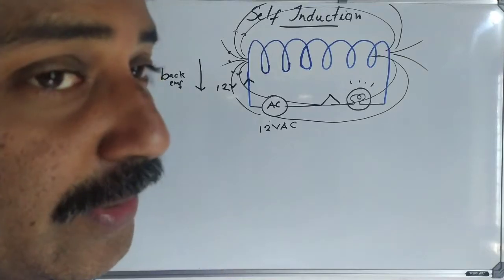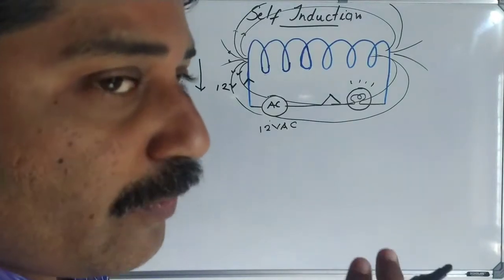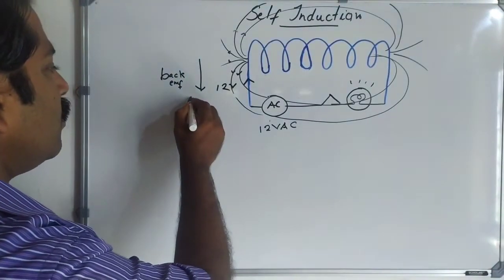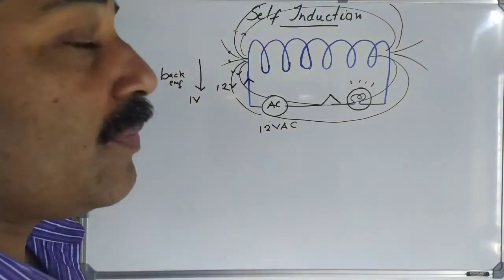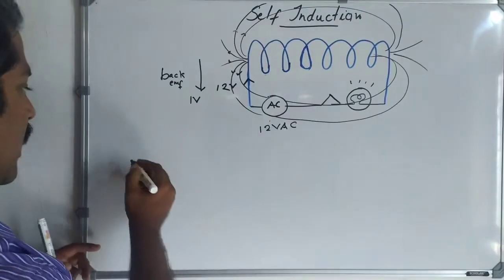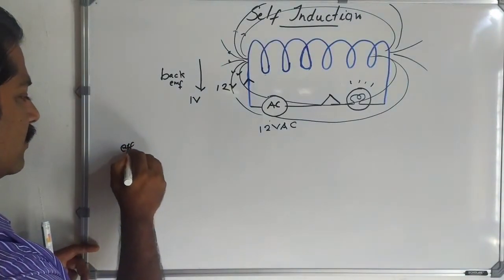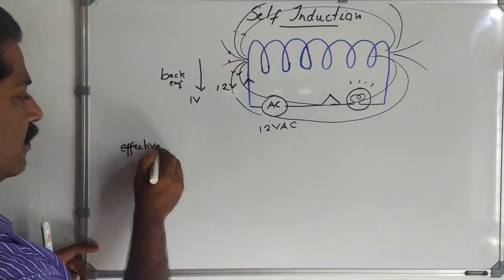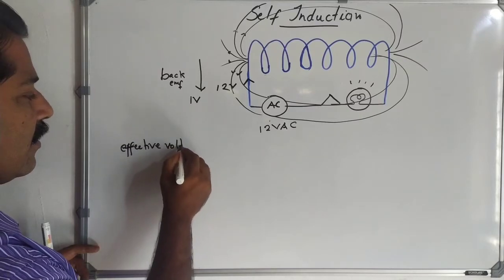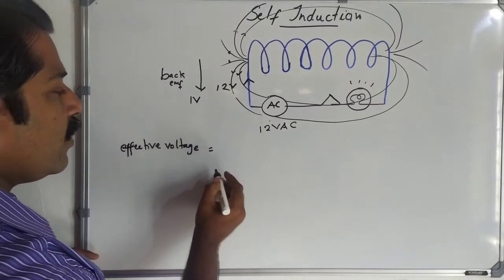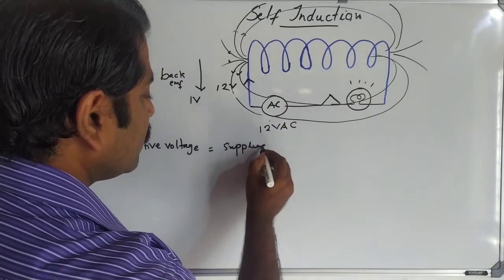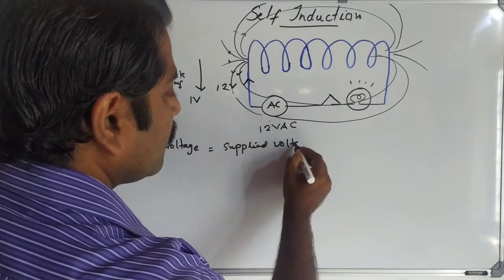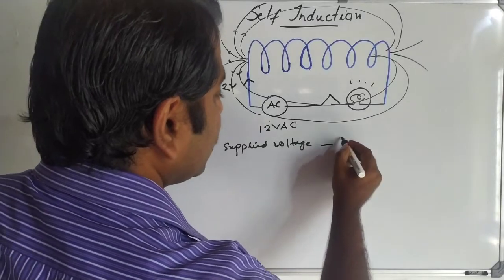Then what will happen? Assume the back EMF is 1 volt. How much will be the effective voltage? Effective voltage will be equal to supplied voltage minus back EMF.